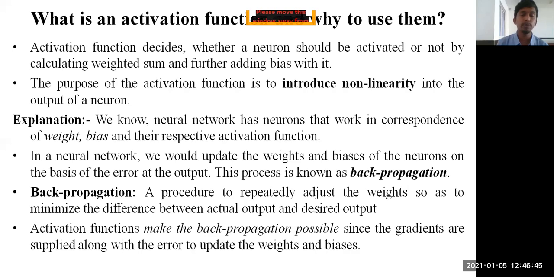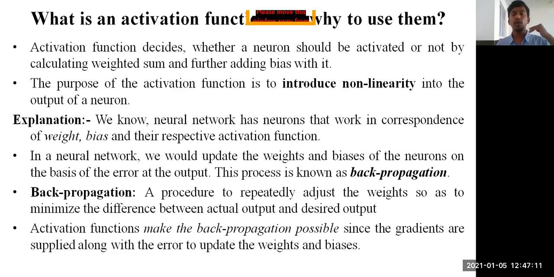Whenever you are discussing feed backward networks, the back propagation algorithm is one important concept where looping is allowed, that is backtracking is allowed, and you can update your weights, add your bias, and accordingly give inputs to your activation function. Back propagation is a procedure to repeatedly adjust the weights so as to minimize the difference between actual output and desired output.